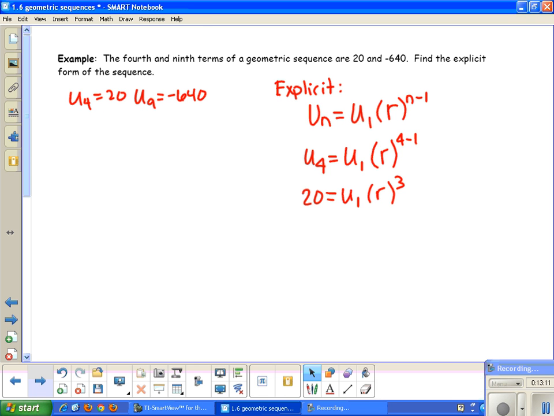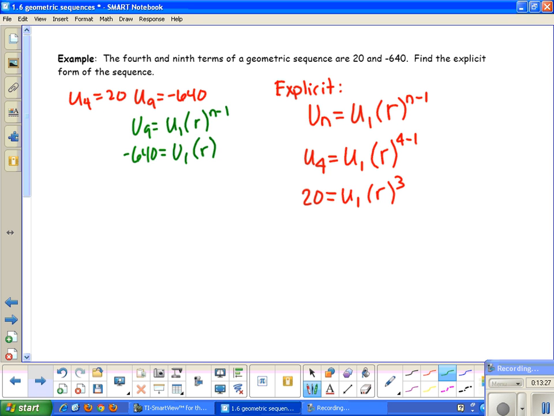Let's do the same thing for the ninth term. u sub 9 would be equal to my first term times r to the n minus 1 power. The ninth term we already know is negative 640, equals my first term times r to the 9 minus 1, which would be 8.